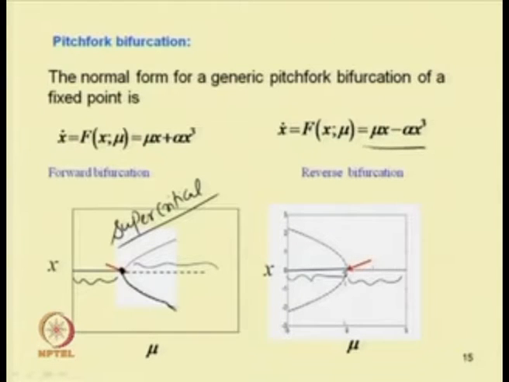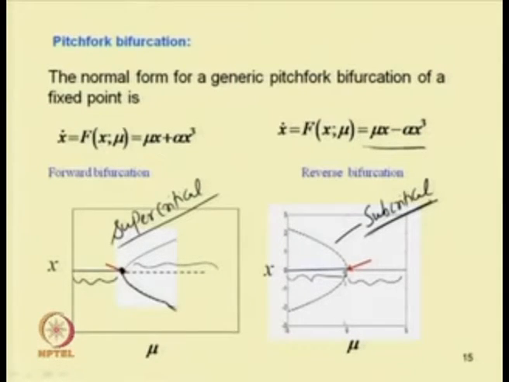Due to the presence of this unstable response, the system may suffer a catastrophic failure. So, here the bifurcation is known as a subcritical bifurcation. The subcritical bifurcation is a dangerous or catastrophic bifurcation.